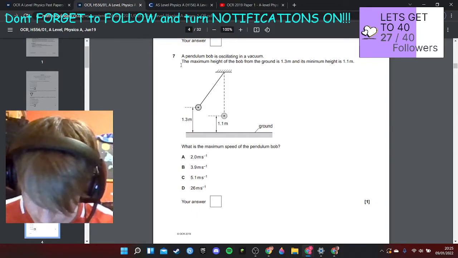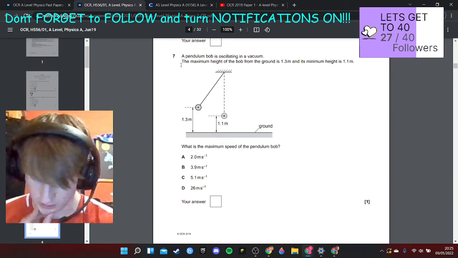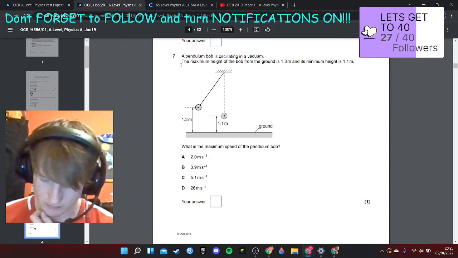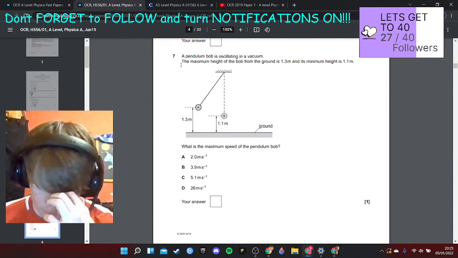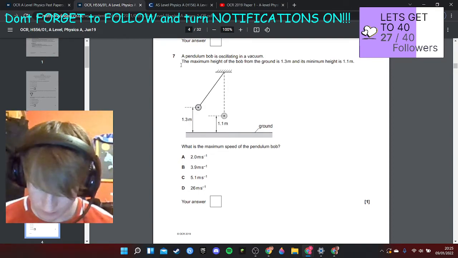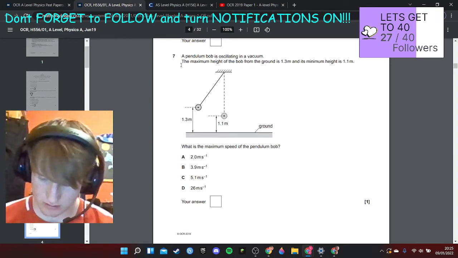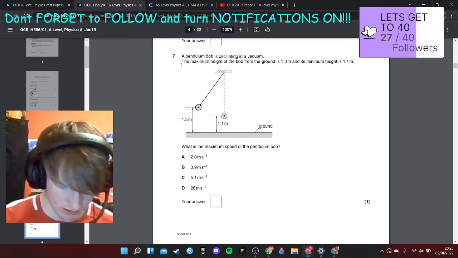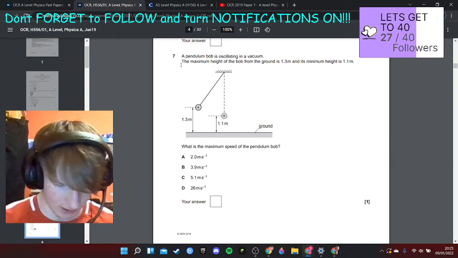So v squared equals half gh, then v equals root half gh. No, v equals root half 9.81, 0.2, and then you go 0.5 bracket 9.81 close bracket. I need a calculator, Cam.